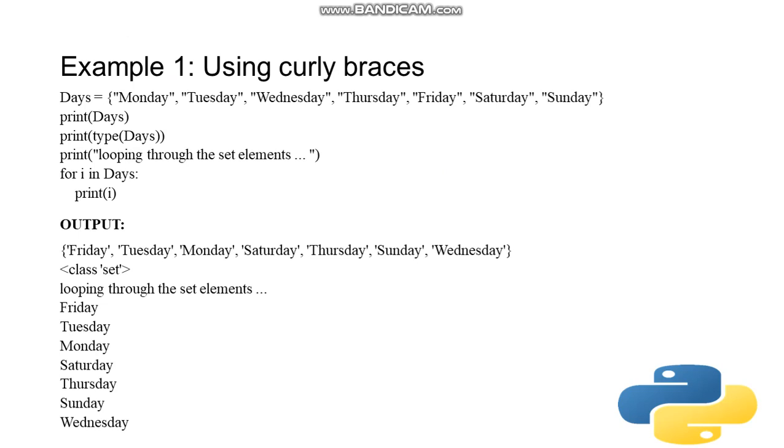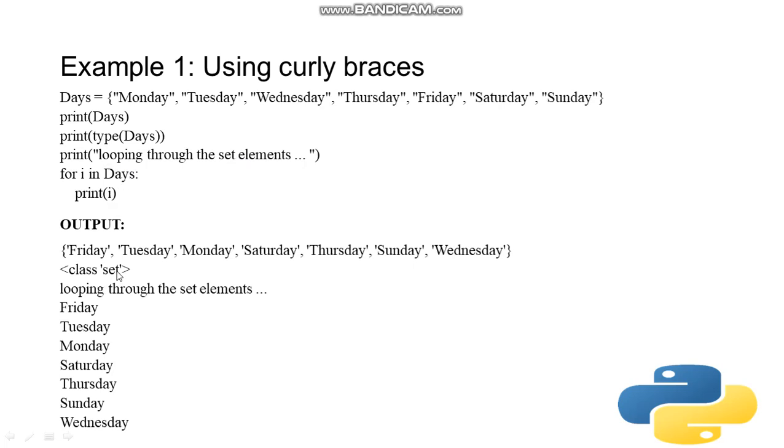Example using curly braces. See, I'm using a set named days and I'm placing all the items in curly brackets. Then I'm printing days and I'm printing the type of days. And again I'm looping through the set elements: for i in days, print i.